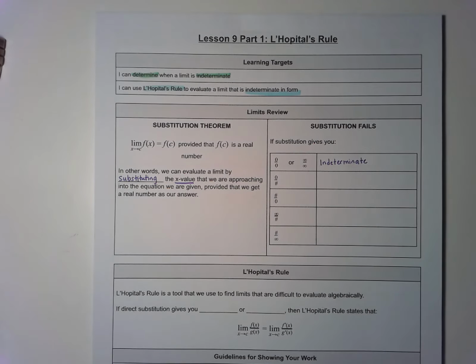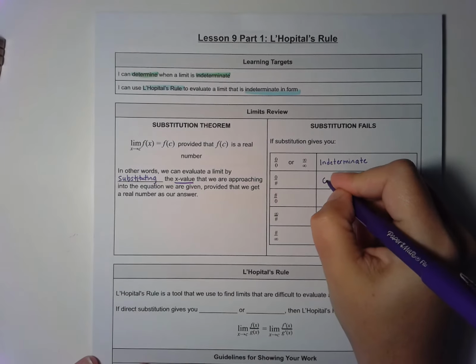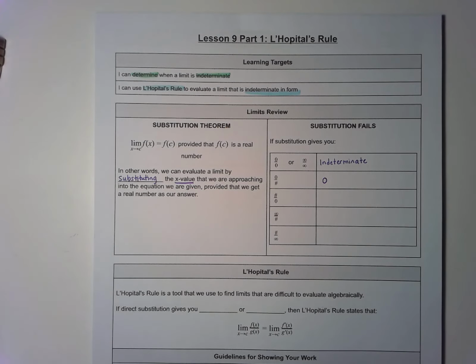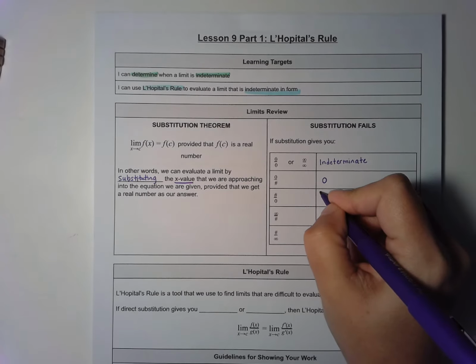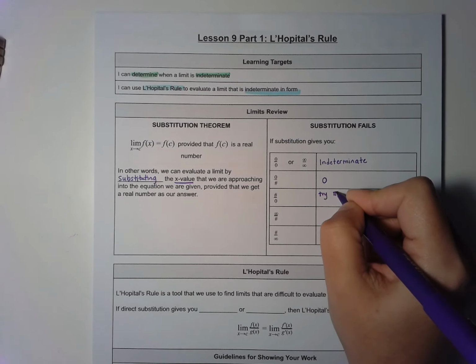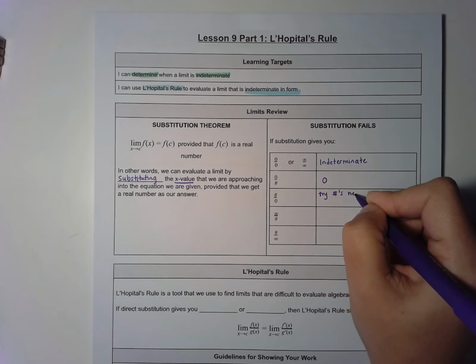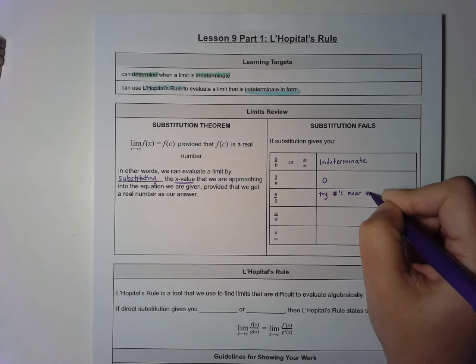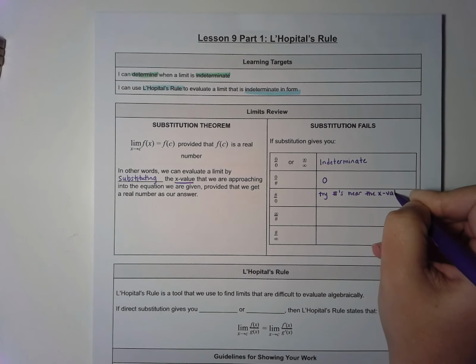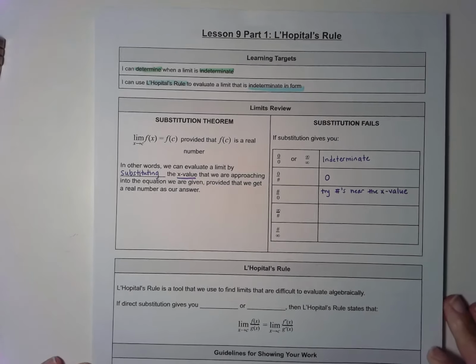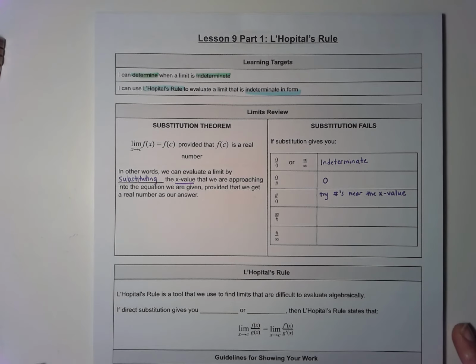If we get 0 over a number, so any number, it could be 0 over 5, 0 over 7, 0 over 100, that value is going to be 0 because 0 divided by anything is 0. If we get a number divided by 0, so 7 over 0 or 3 over 0 or 5 over 0, what we said is that we need to try numbers that are close to the x value that we want to substitute, because the only reason that that would happen is that there's some sort of vertical asymptote.